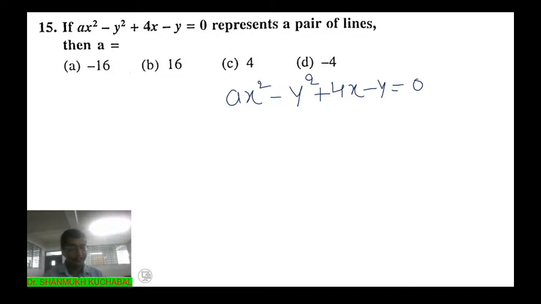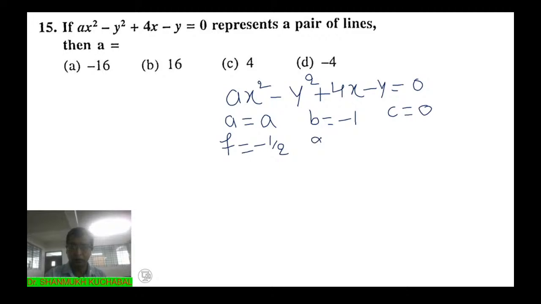On comparison, we'll write the values of a, b, c and f, g, h. Several examples we have studied, so once again I am writing all these values. a equal to 1, b equal to minus 1, c equal to 0, f equal to minus half, g equal to 2, h equal to 0.